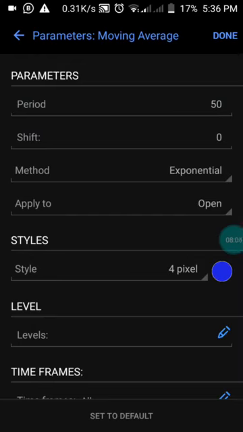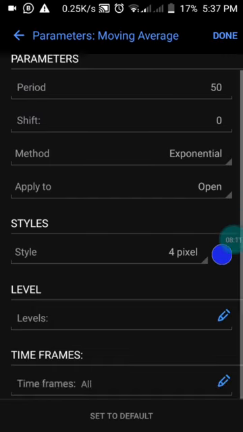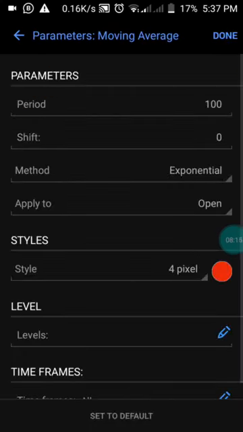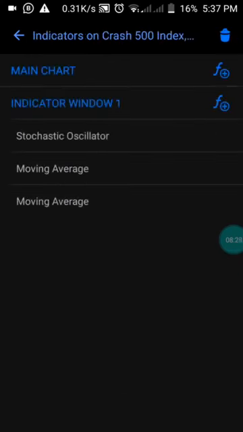We have shift of 0. We have method to be exponential. We have apply to open. Then you put any color of your choice. You press done. Then you add the last moving average, the period of 200, the shift of 0, the method to be exponential, and we have our apply to open. You see, we have our red color here. So you press done. By doing this, you will have the same chart the way I showed you guys, and you can keep on trading.